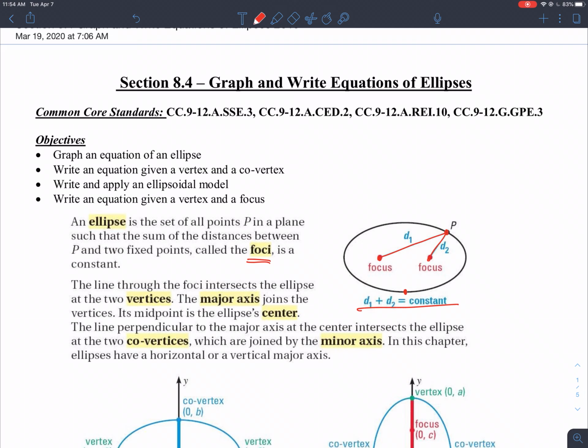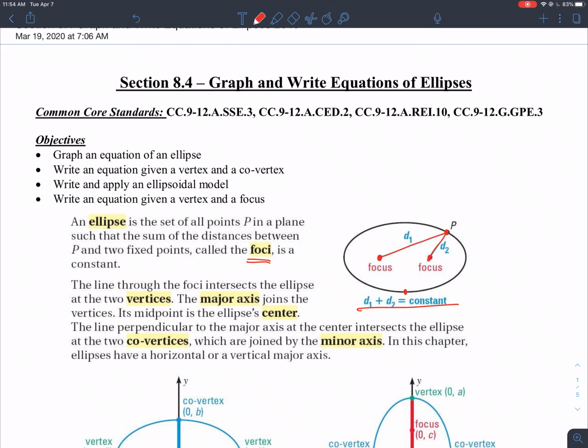Well, the difference is where the major axis and the foci and the vertices are. So if the vertices are on the y-axis, then the equation looks like this, and we call that a vertical ellipse. And if the vertices are on the x-axis, then the equation looks like this, and we call that a horizontal ellipse.